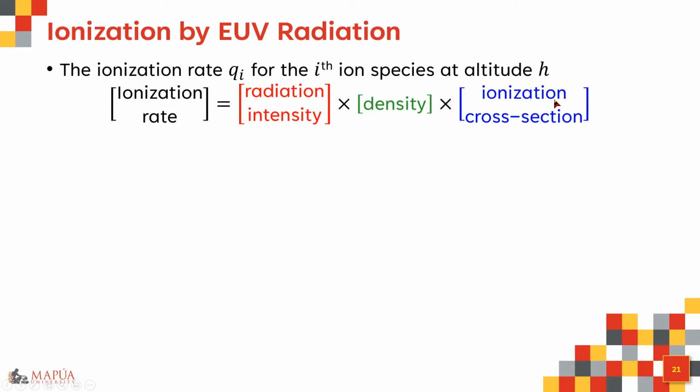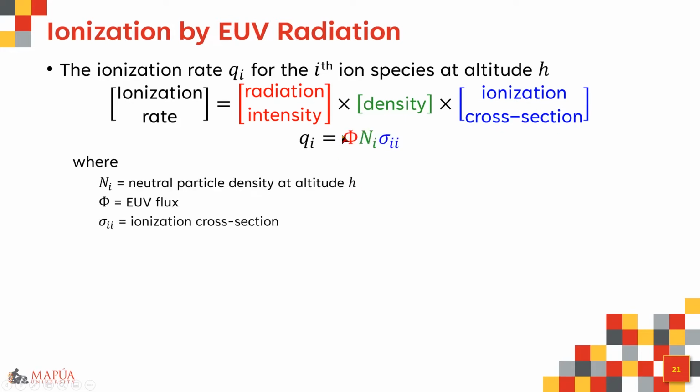That's what we call the ionization cross section. So in equation form, Q_i equals phi times N_i times sigma_i. N_i is the neutral particle density at altitude h, phi is the EUV flux, and the ionization cross section is sigma_i.